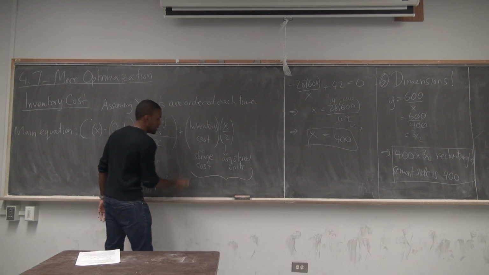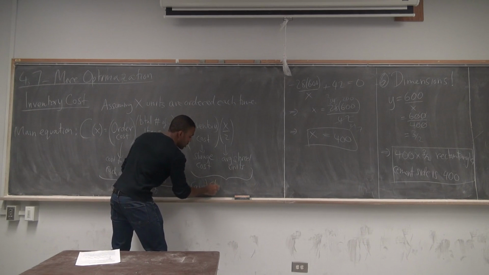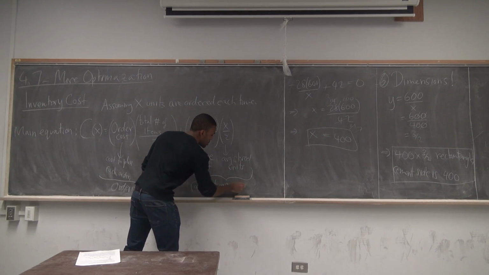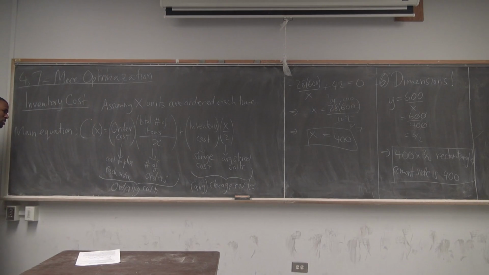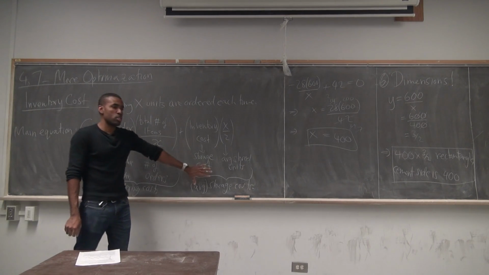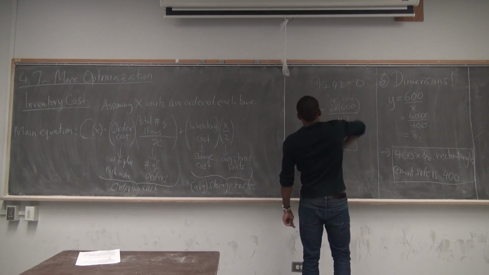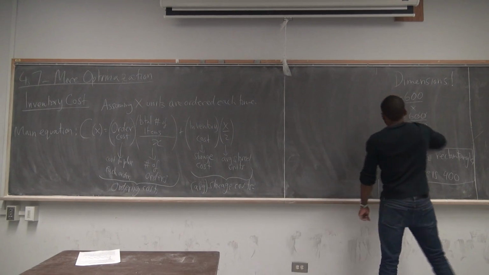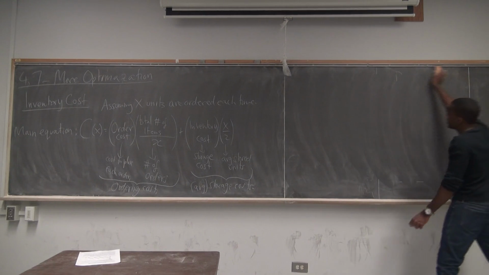So this gives you the average storage cost. As far as inventory is concerned, you have 2 main costs draining your pocket here: the cost it takes to order new items and the cost it takes to store items once they've been ordered. And you end up with that equation.